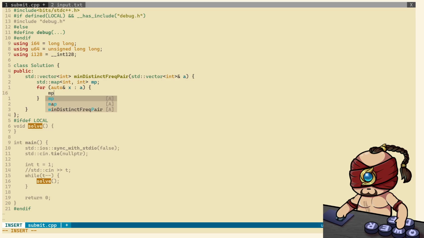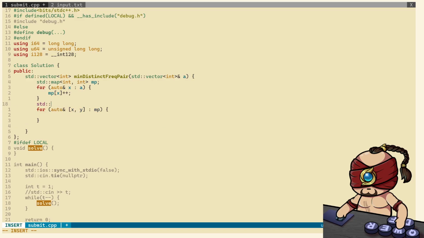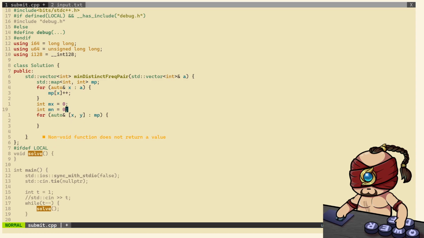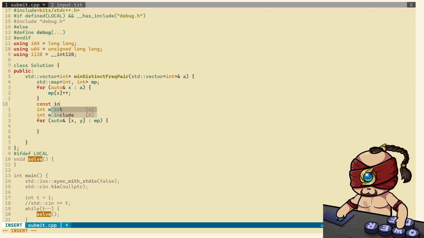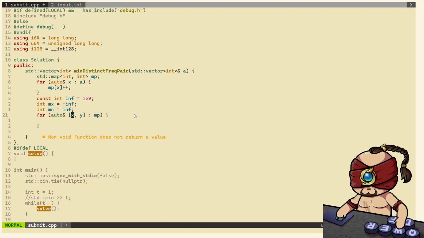Find X in A. Okay, so what does it mean?